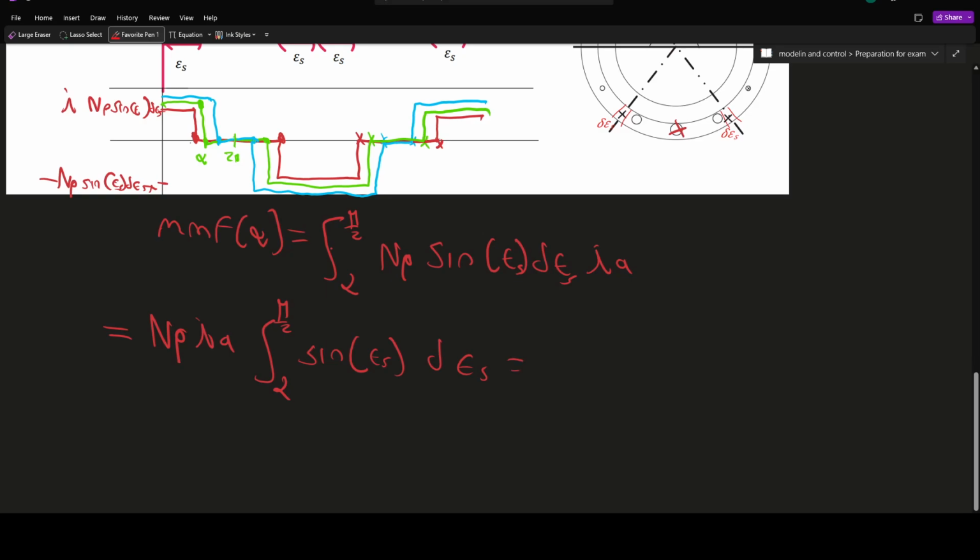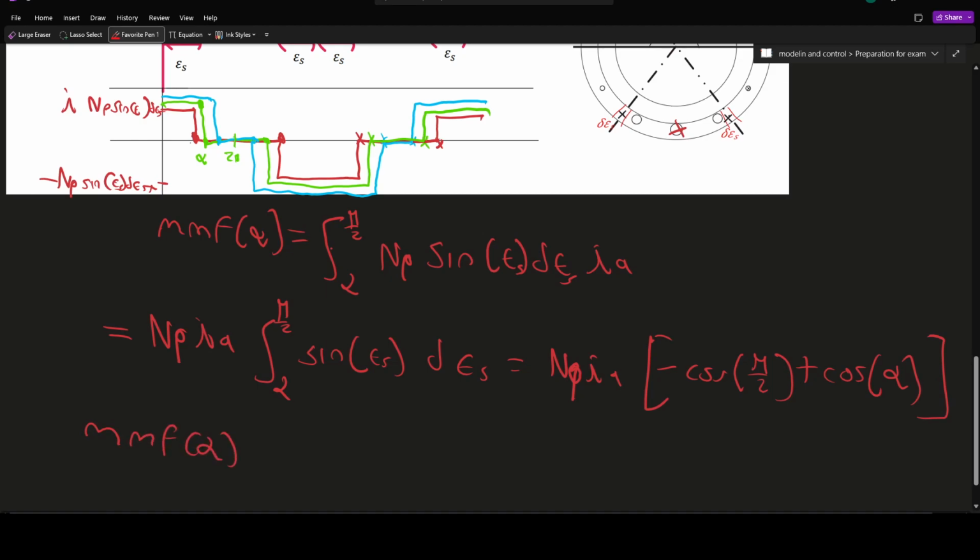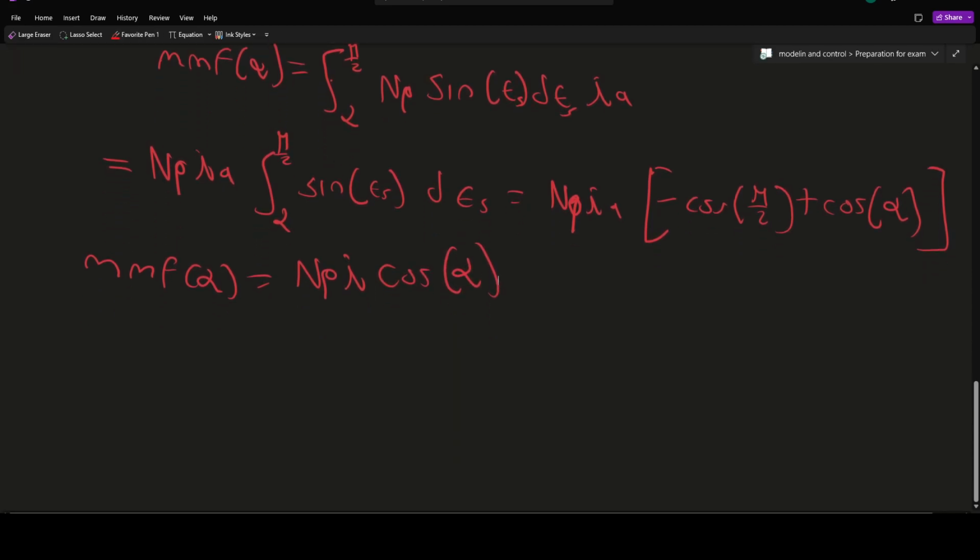So we're gonna have here MPIA minus cos of pi over 2 plus cos of alpha. So we know that our MMF in our angle alpha is just going to be MPI cos of alpha. Okay.